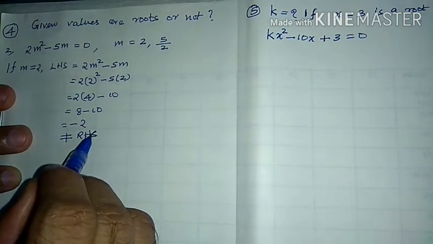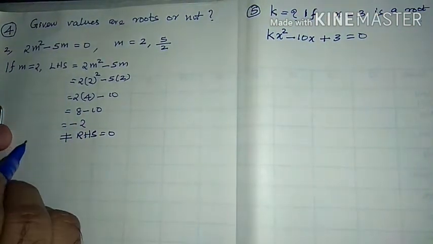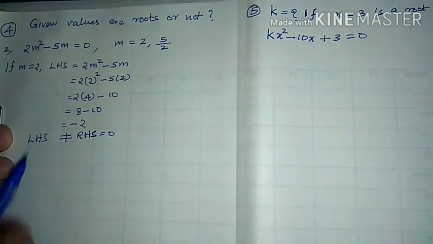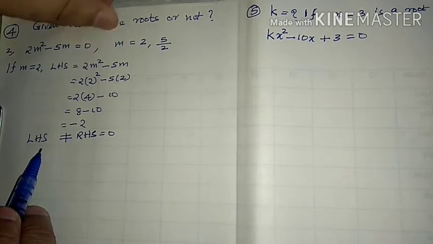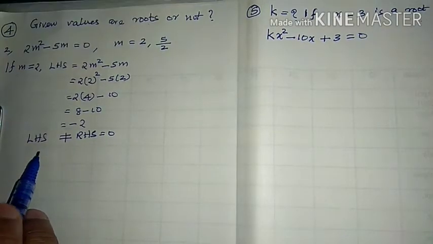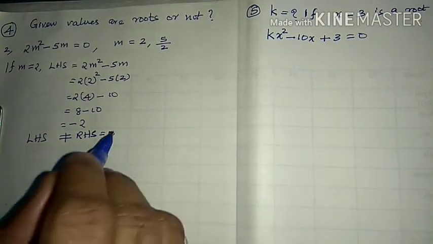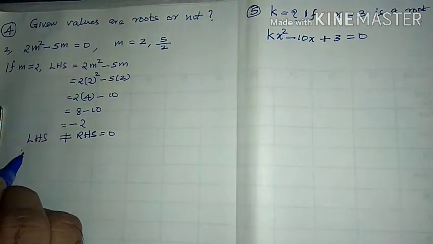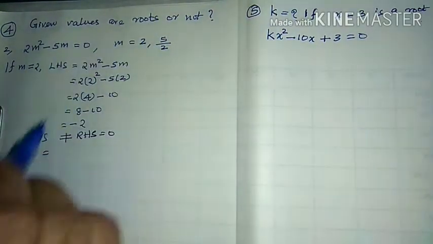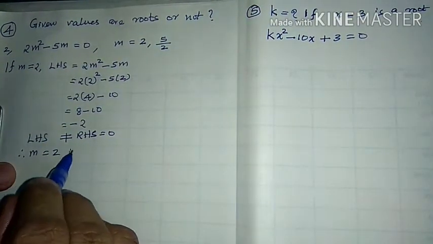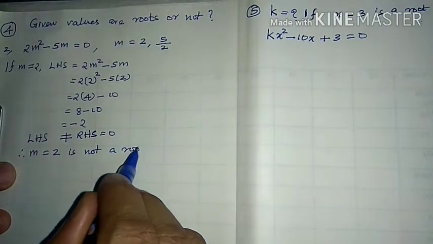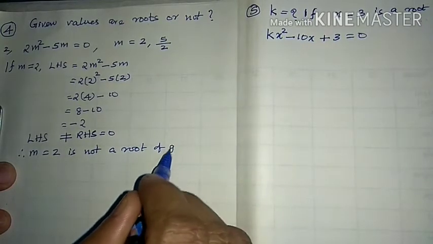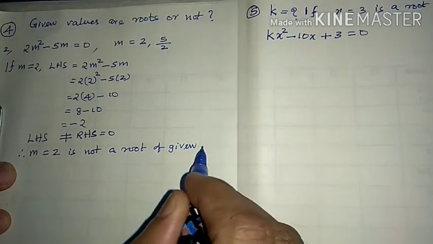Not RHS 0. The left hand side of this equation is not equal to the right hand side if m is equal to 2. Therefore what happens? Therefore m equal to 2 is not a root of the given equation.